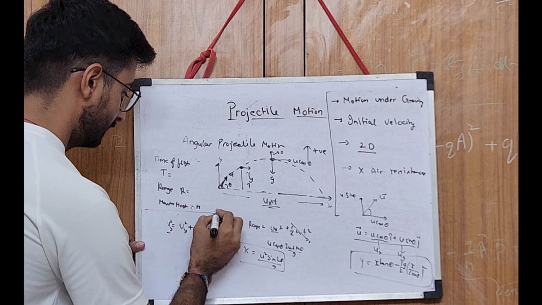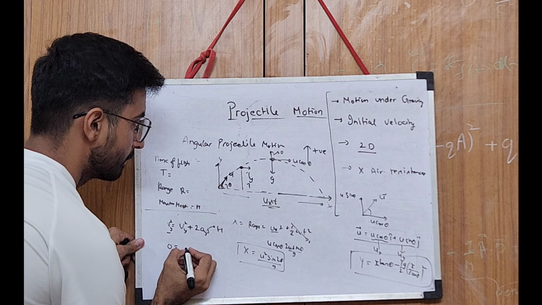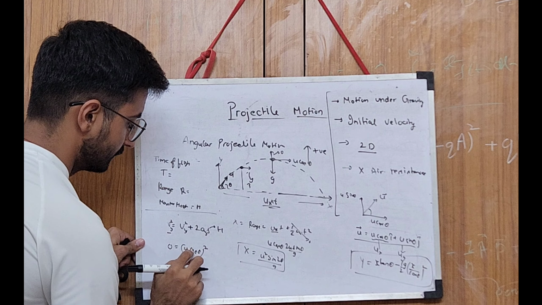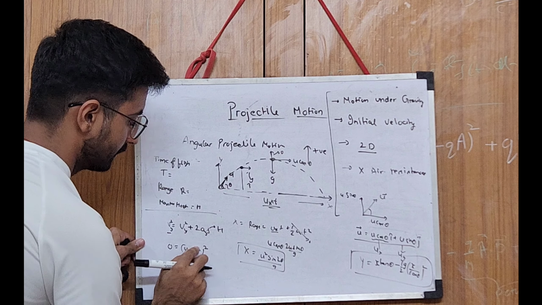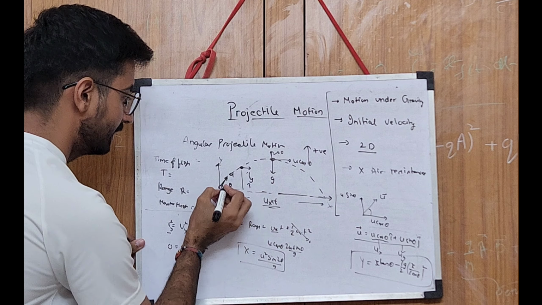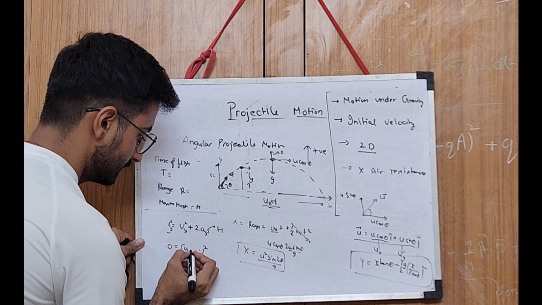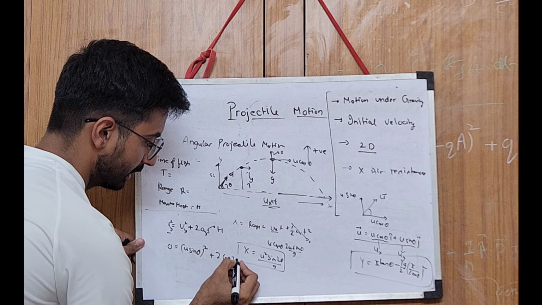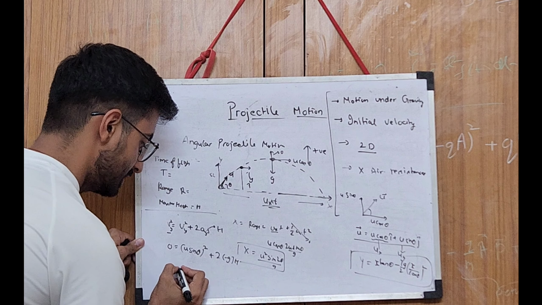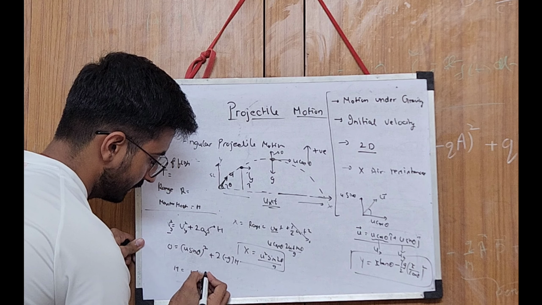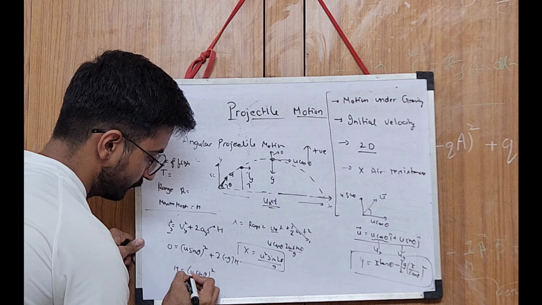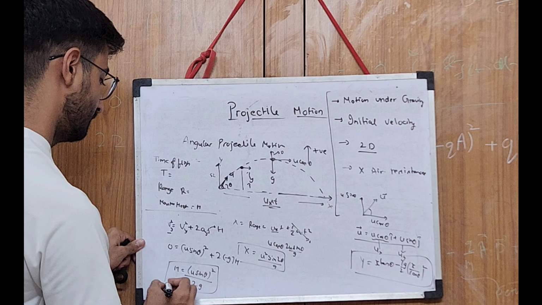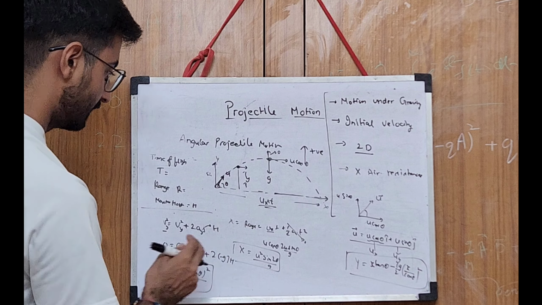So putting into this equation, 0 equals (u sin theta) whole square plus 2 times minus g, and s is h. So then h will be (u sin theta) whole square upon 2g. That is the maximum height.